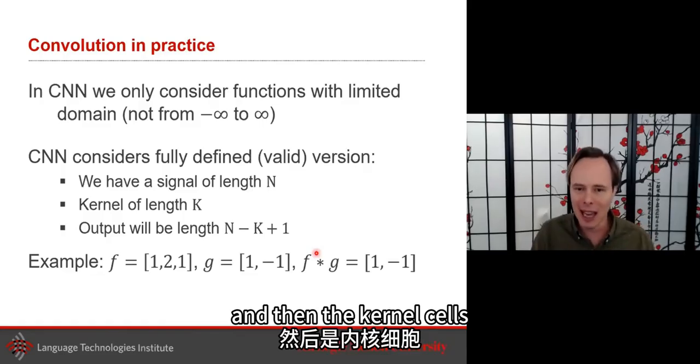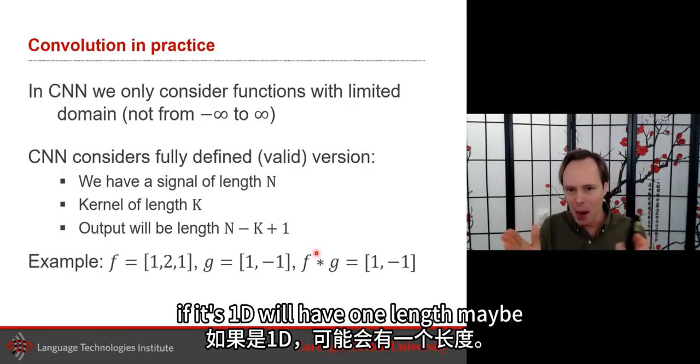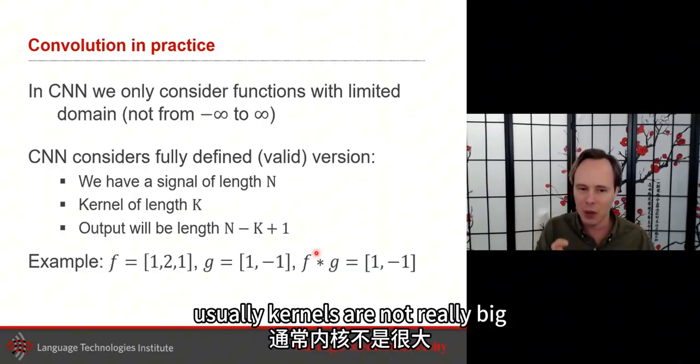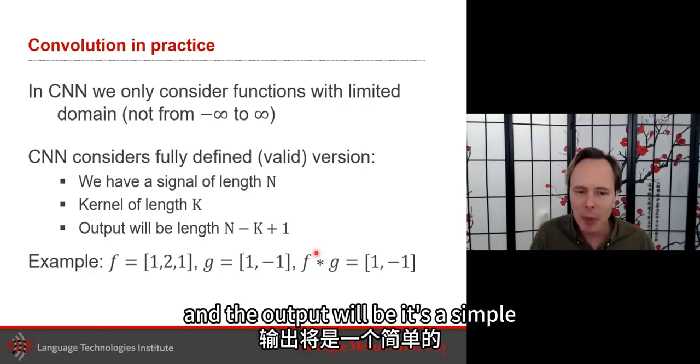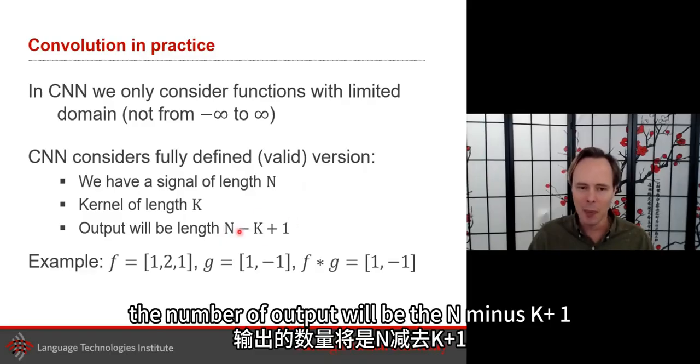And then the kernel itself, if it's 1D, will have one length. Usually kernels are not really big. It could be 3, 5, 7. They often are odd numbers. And the number of outputs will be n minus k plus 1.